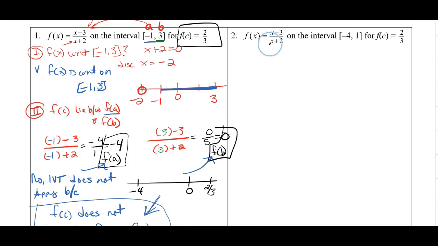Number 2 asks us about the same function here, but on a different interval from negative 4 to 1. So first thing I need to do is determine, does the IVT apply? Number 1, does the IVT apply? And my first test is the function continuous?